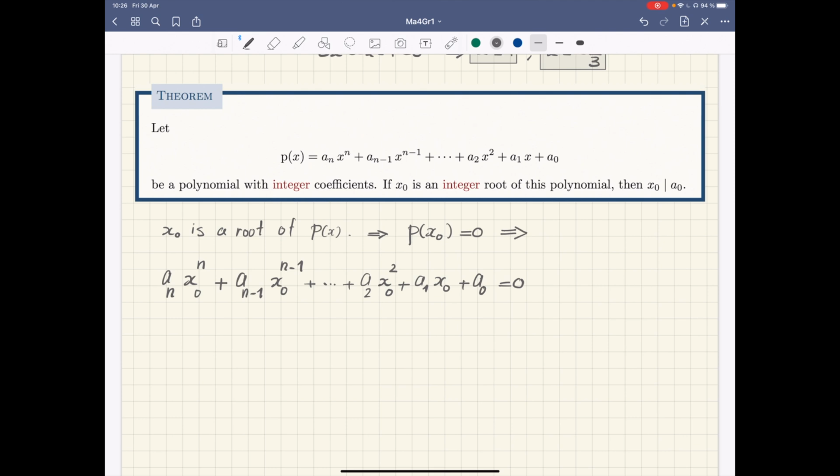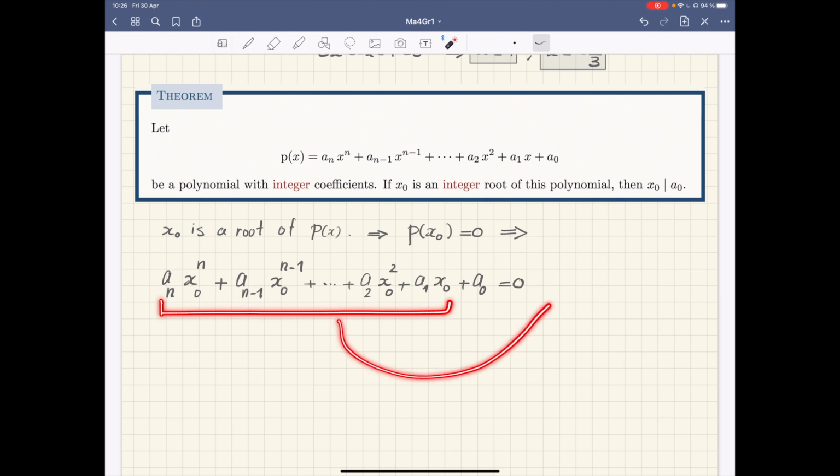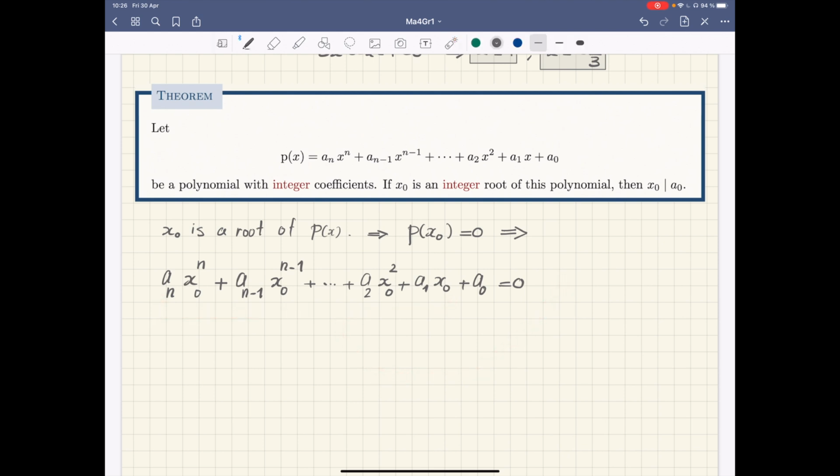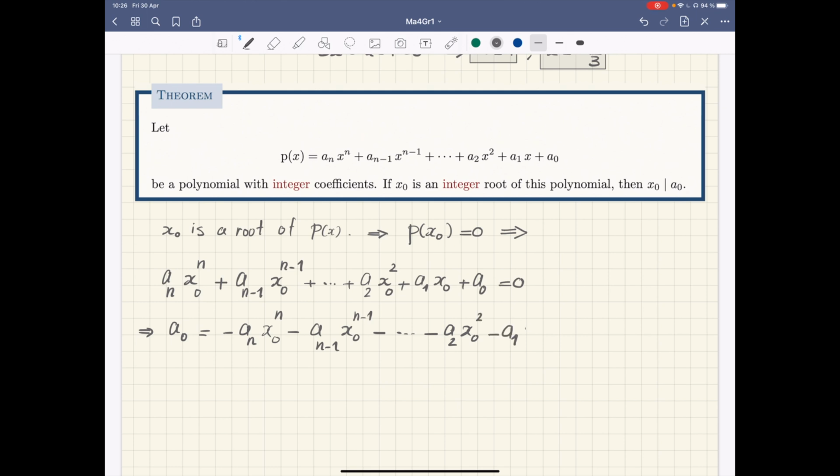Okay, so now what I do, I keep this one on the left-hand side and I move everything here to the right-hand side. So let us see why this is useful. This gives me that A node is equal to minus A n X node to the n minus A sub n minus 1 X node to the n minus 1 minus up to minus A sub 2 X node to power 2 minus A1 X node.